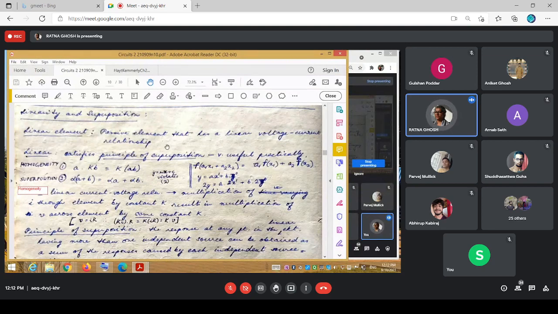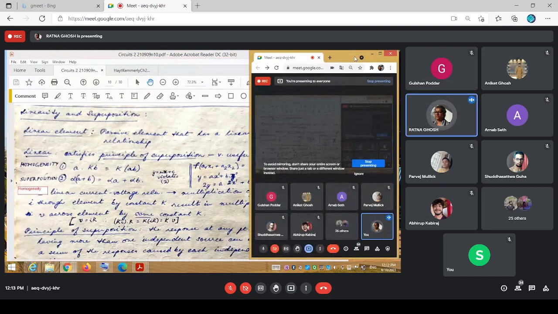Which are the active elements? Diode. Diode is an active element. Yeah, okay. What are the other general active elements? Diode is more specific. Battery. What is the general term for that?